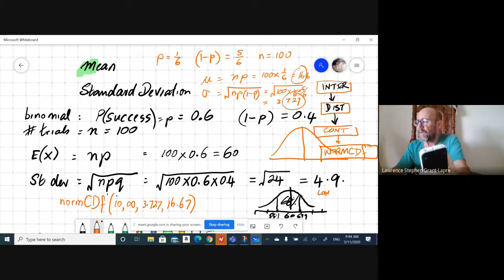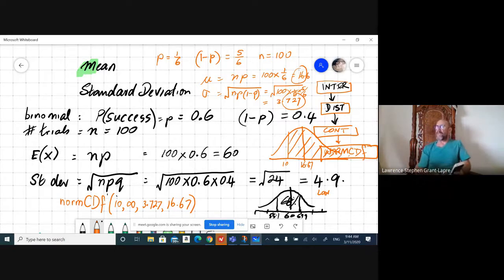So the mean was 16.67, and we want from 10 and above. And so that's using normal distribution.